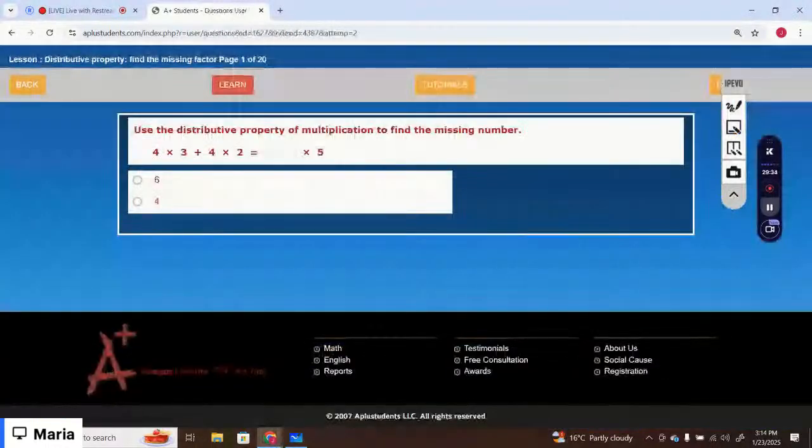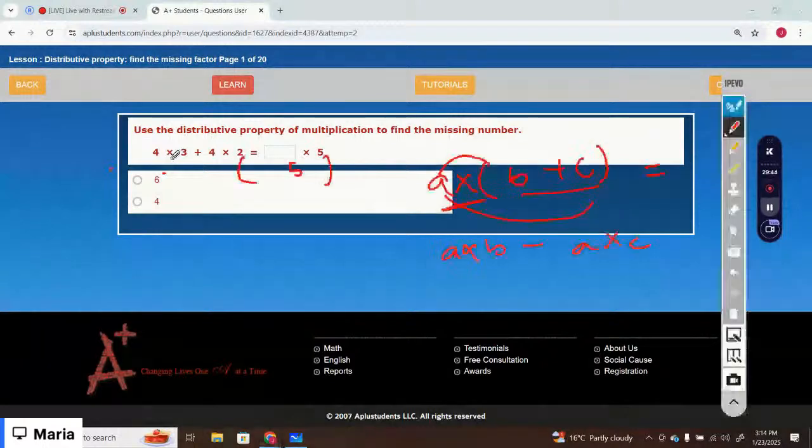Use the distributive property of multiplication to find the missing number. So which number is it? See, you have three numbers involved over here: 4, 3, and 2. So when you add 3 plus 2 makes 5. 5 is already here.